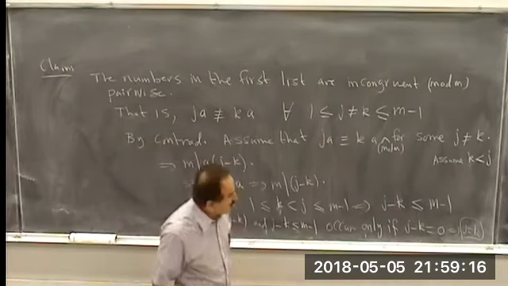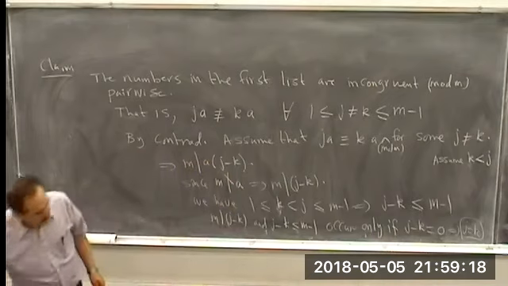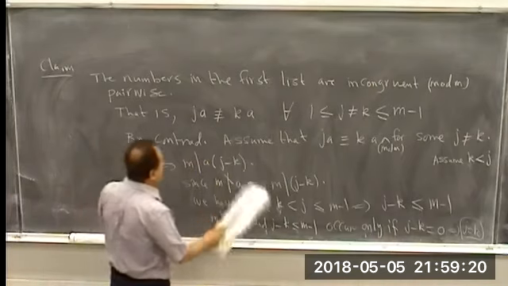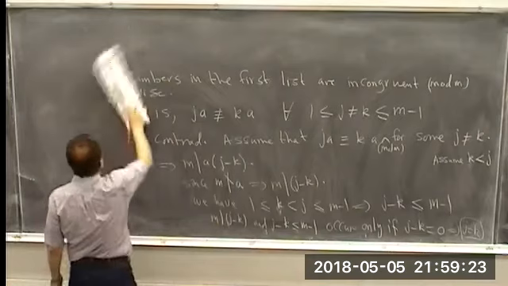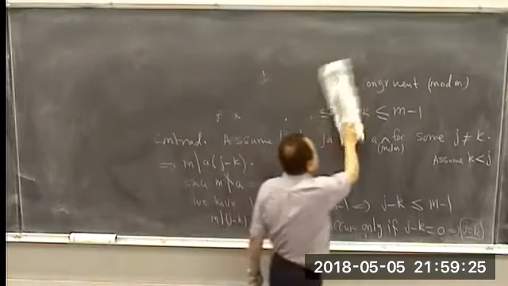Now, one other thing we need. Remember, we're going to show that the two lists are equal to each other mod m.